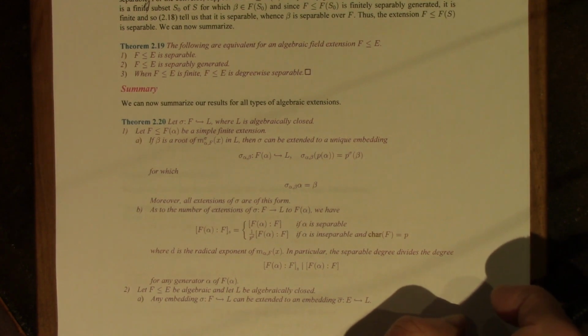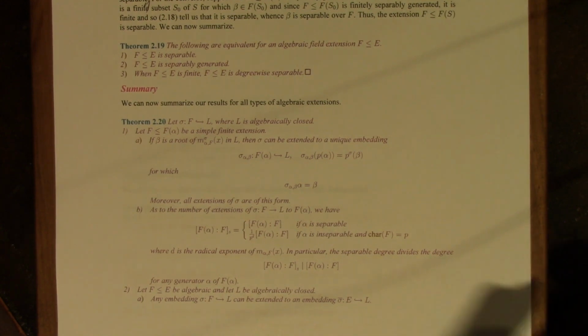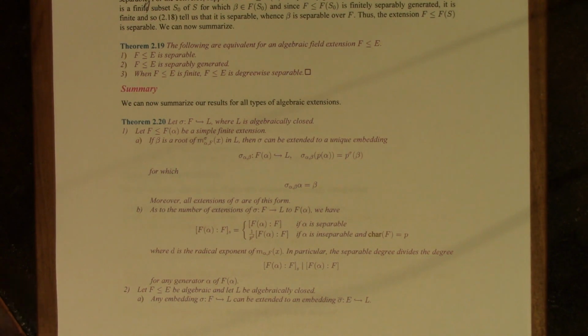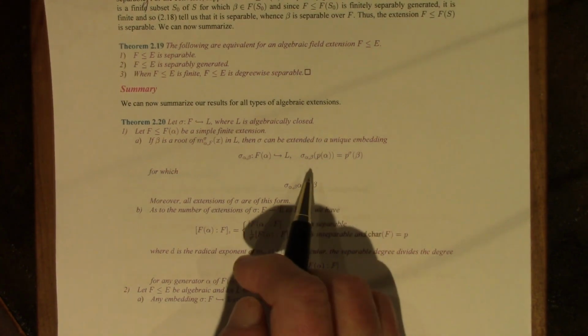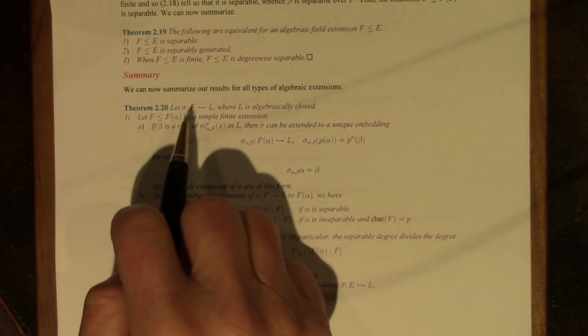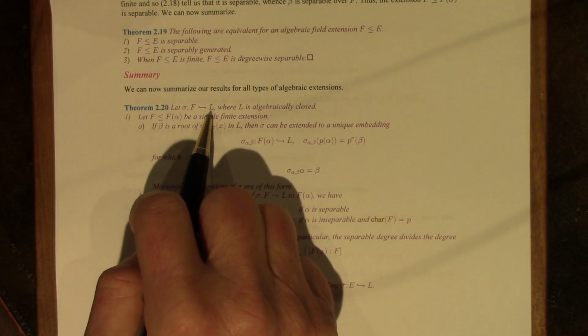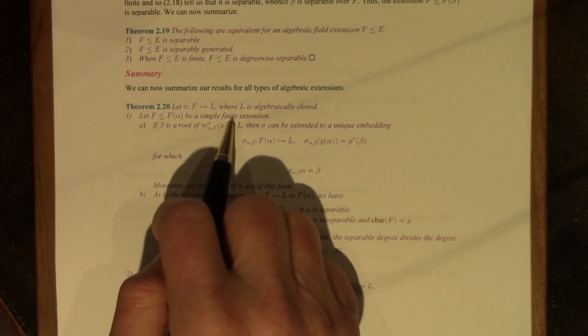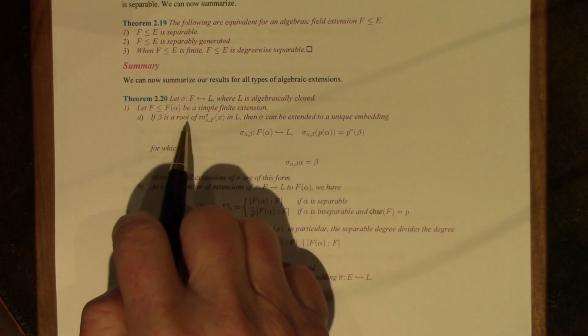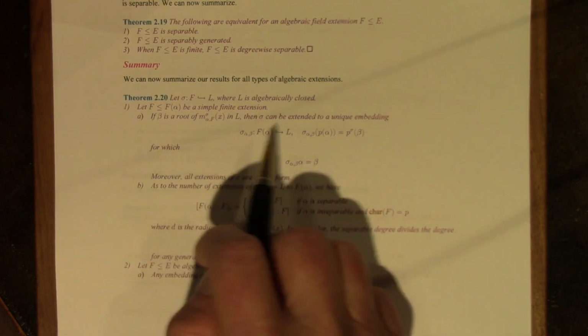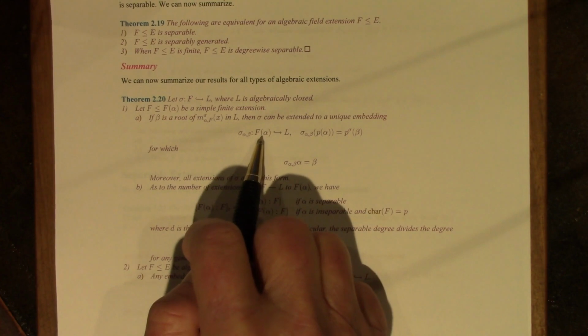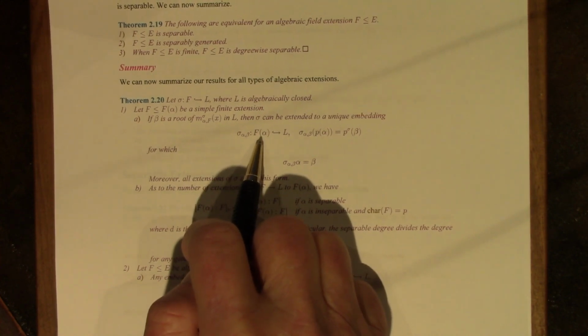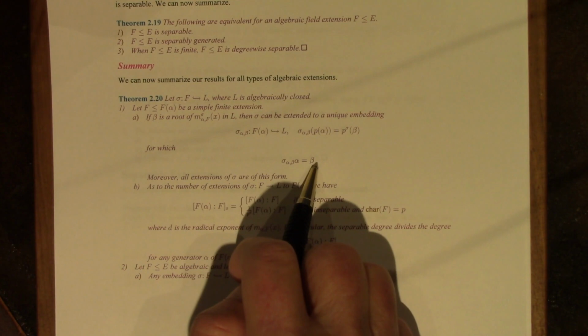So, let's summarize all of our results for the various types of extensions of the domain of an embedding. So sigma is an embedding of F into an algebraically closed field L. For a simple extension of the domain, simple and finite, I should always say that, we can find an extension, which I've been calling sigma alpha beta, of sigma that maps alpha to beta.